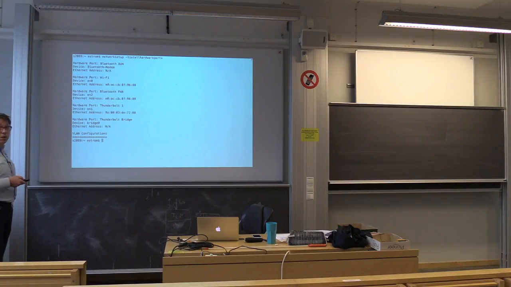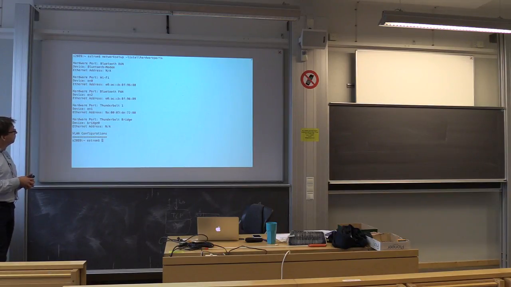It doesn't have a physical Ethernet address, because it's not such a technology, so let's skip that. But it has a Wi-Fi port here, called en0. It's the logical name of that network interface card, and it has an Ethernet address here, e0:ac:cb:8 and so on. We also have a Bluetooth port here, and it has this Ethernet address. There's a Thunderbolt port, and it has this one. There's a Thunderbolt bridge, and it has no address. Okay, that's it. So now I know my own physical addresses, depending on which device I want to use.